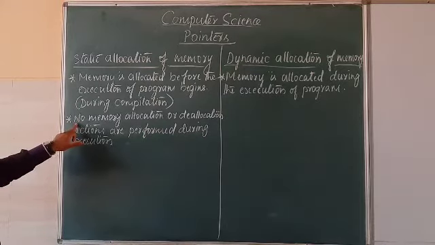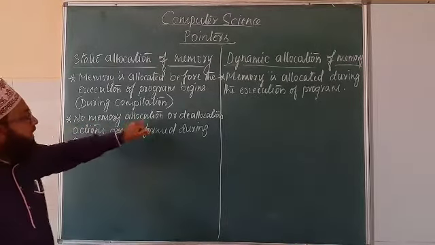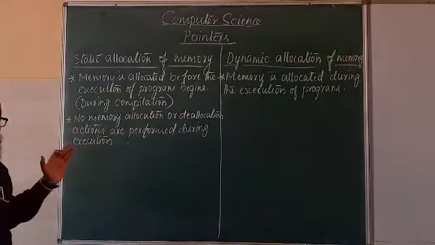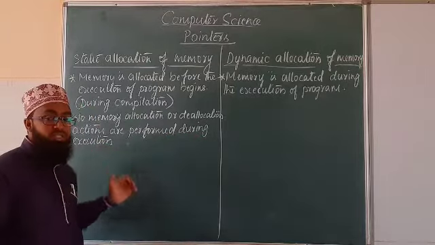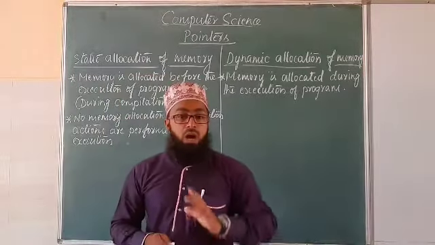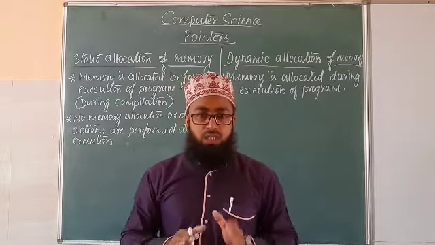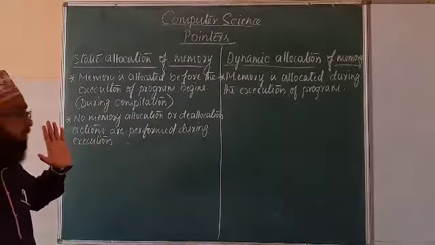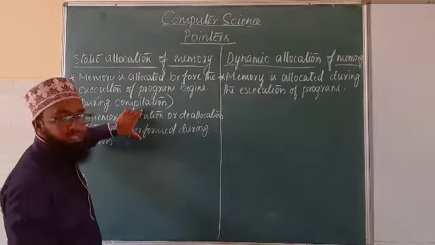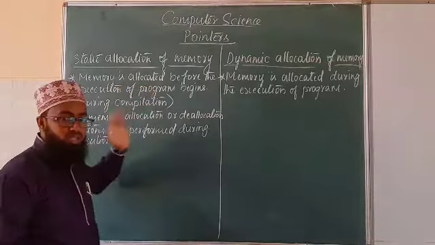This means that in static allocation, at the time of execution, allocation and deallocation is not allowed; it is only allowed before the execution of program. The second point is completely related to the first point. If you remember this in mind, you can write it down easily.